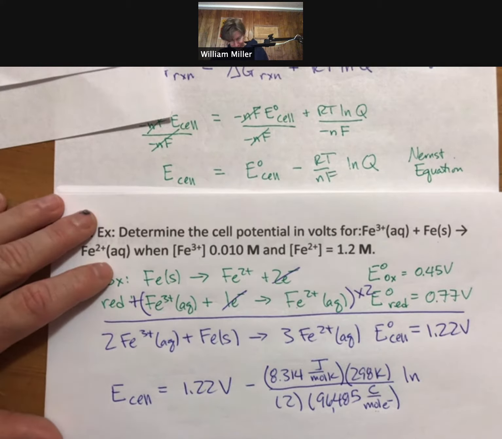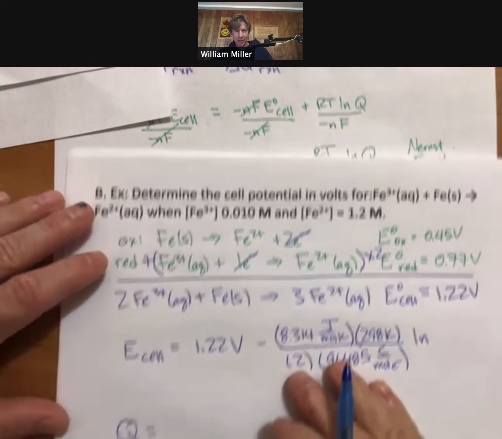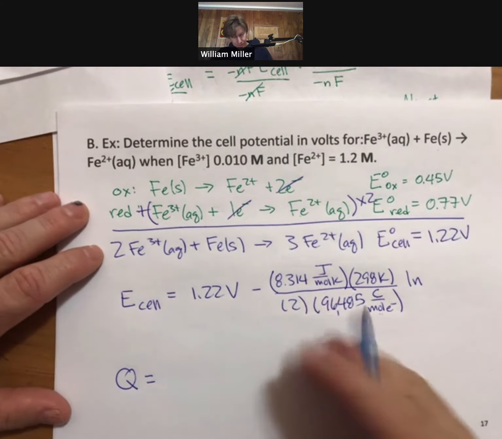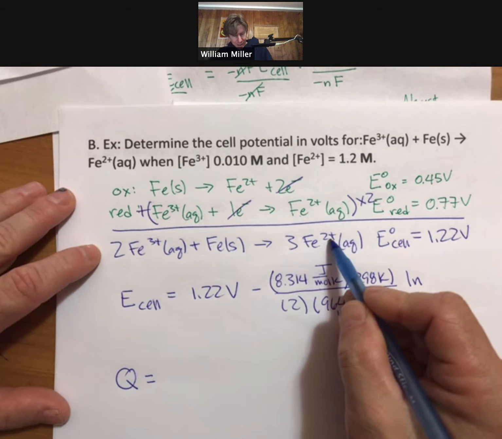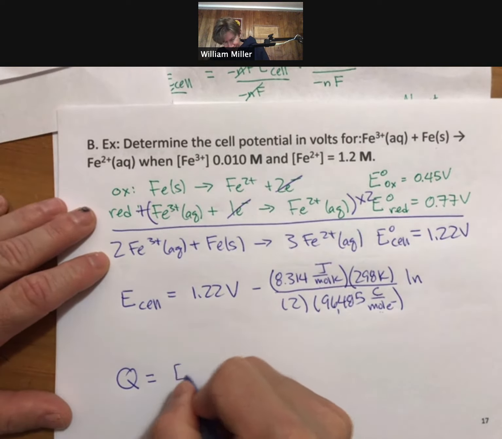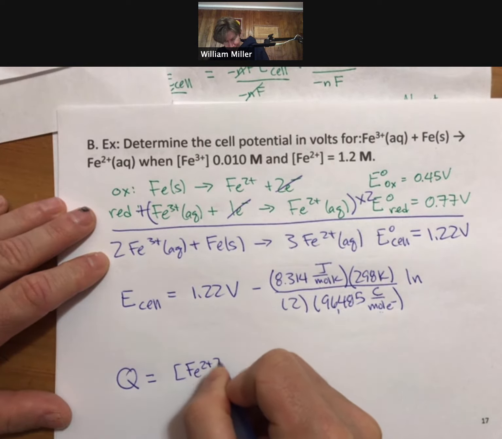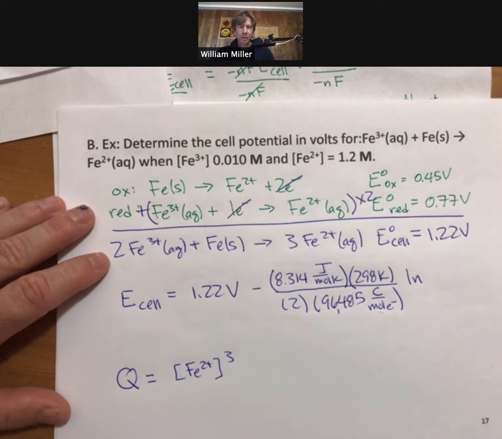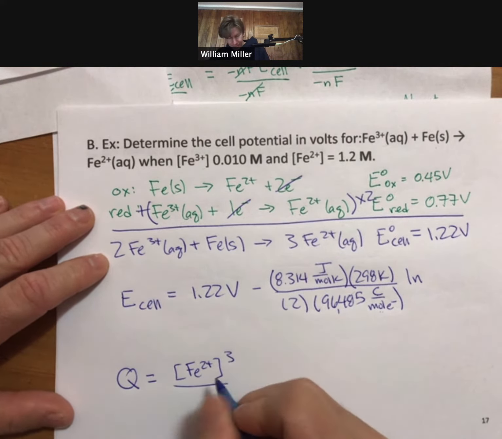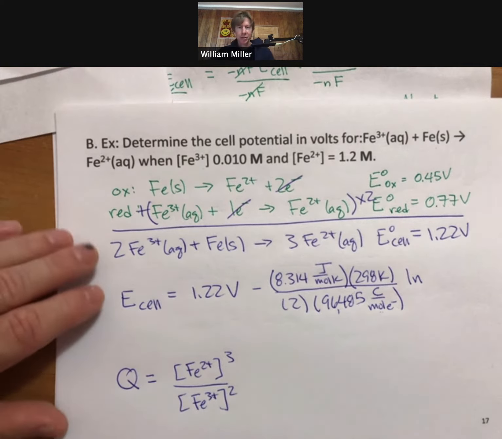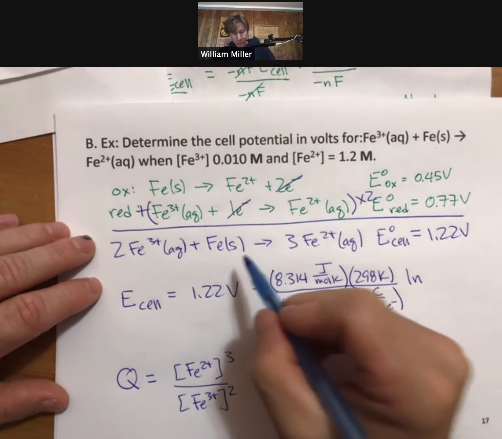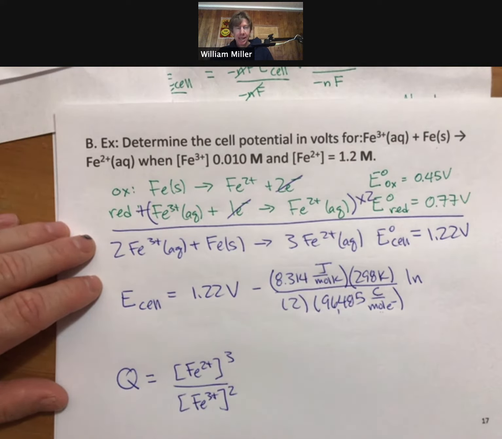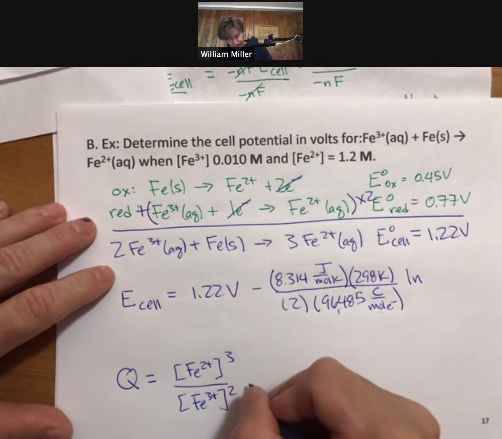Now let's plug in my ln here. I'm just going to write out my Q down here so I can plug it in up here. So Q is going to be concentration of iron 2 ions cubed over concentration of iron 3 ions squared, ignoring my solid. And again, Q is for any concentrations that were given in a problem.